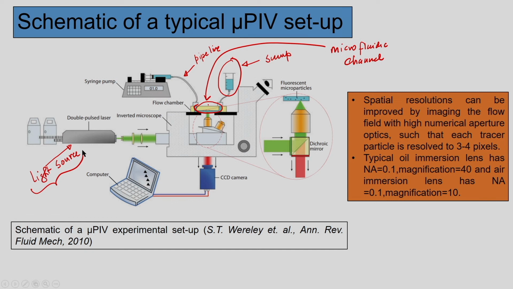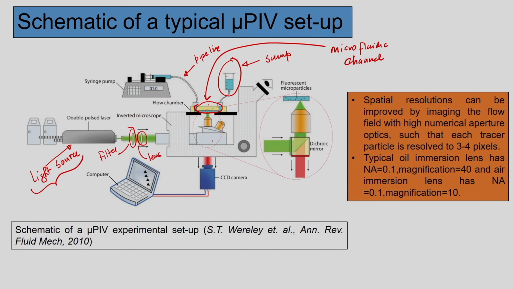And this is a double pulse laser, and this laser is used to supply light, and the light is taken through one filter, and then one lens, and there is a mirror which is inside the microscope, and that is also shown in this zoomed in view.